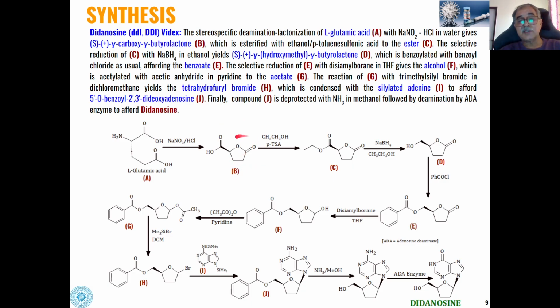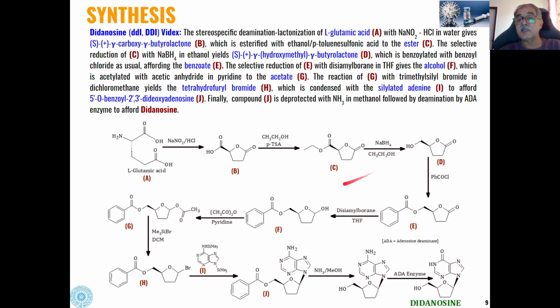Then this gamma-lactone acid is reacted with ethyl alcohol in the presence of paratoluene sulfonic acid. We know alcohol will react with carboxylic acid to give us the corresponding ester. Then this gamma-butyrolactone ester reacts with sodium borohydride.